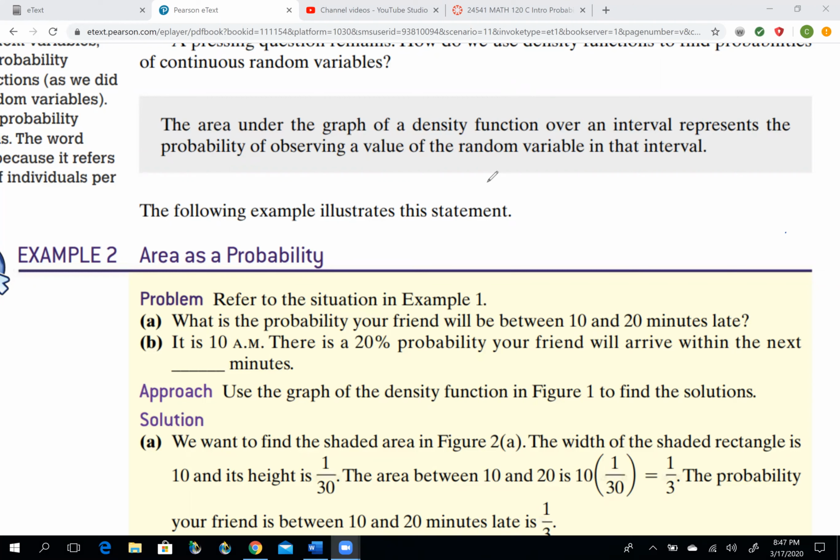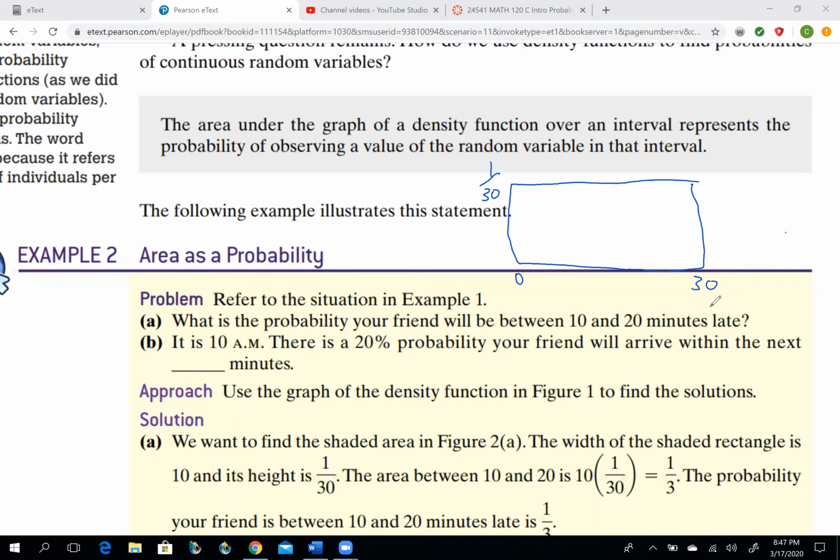Here we go. Again, guys, I'm going to draw a rectangle, from 0 to 30, so 0 minutes to 30 minutes late. The height of the rectangle is 1/30, correct? Because the area of this rectangle is going to be 1: the base is 30, the height is 1/30, and 30 times 1 over 30 is 1.